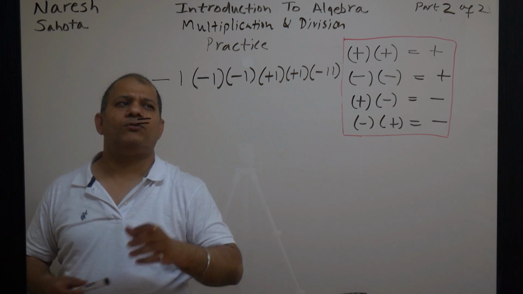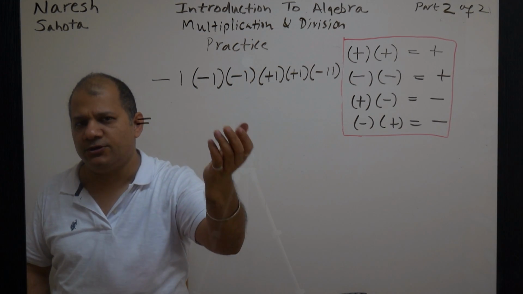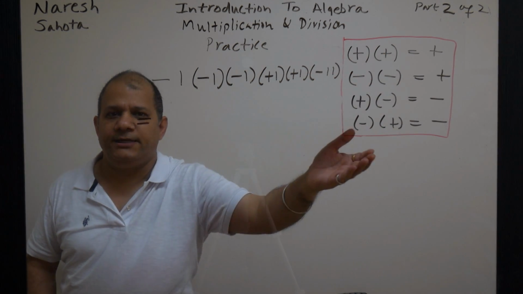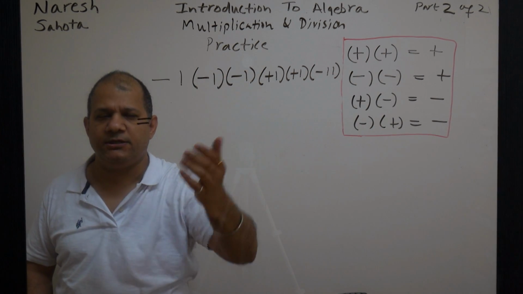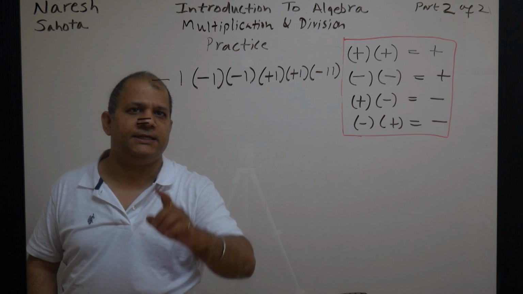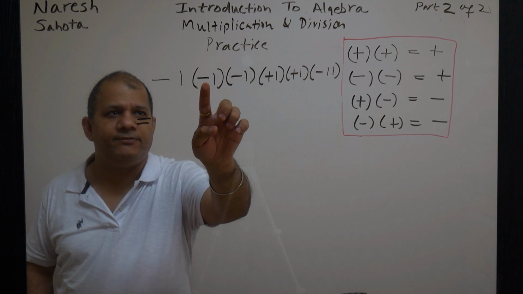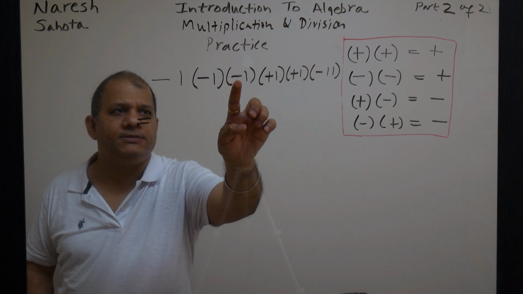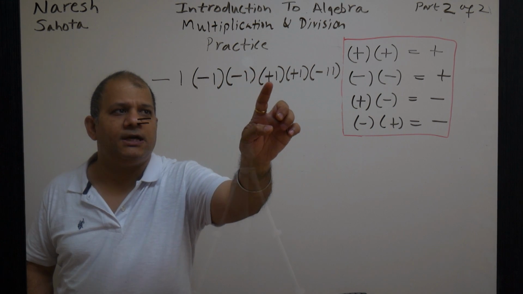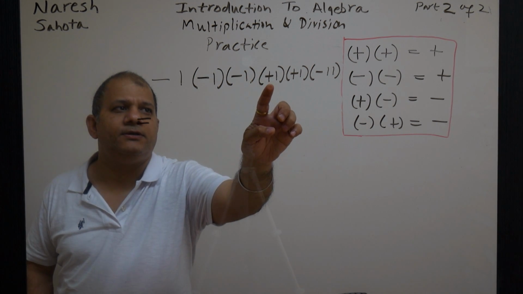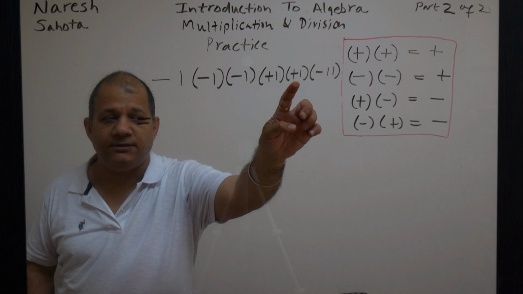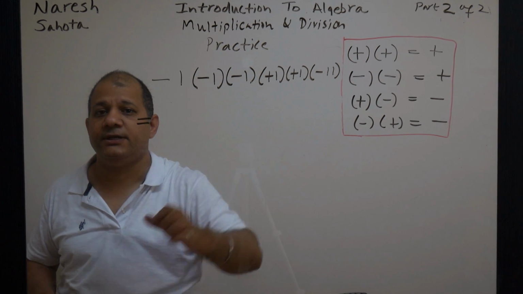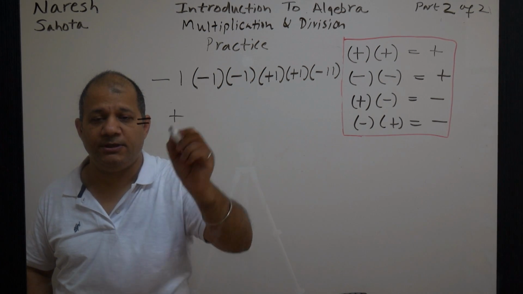What we're testing is whether you understand how the signage works, whether it's going to be positive or negative, right? So let's see. Negative times negative is positive, times negative is negative, times positive is still negative, negative times positive is still negative, negative times negative is positive. So it's going to be positive.